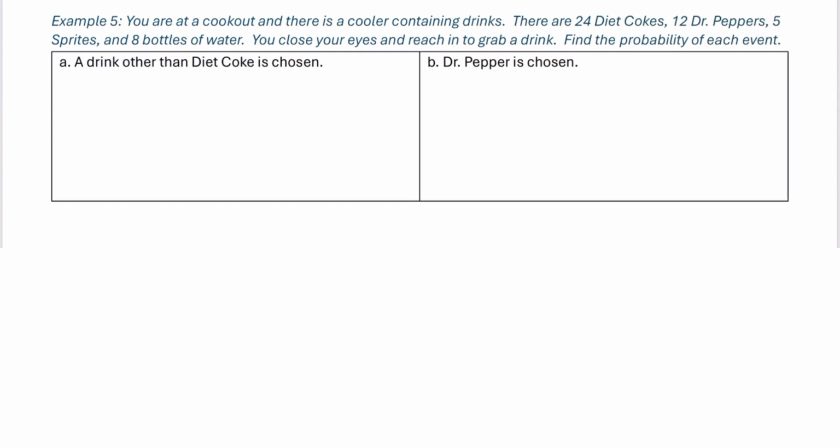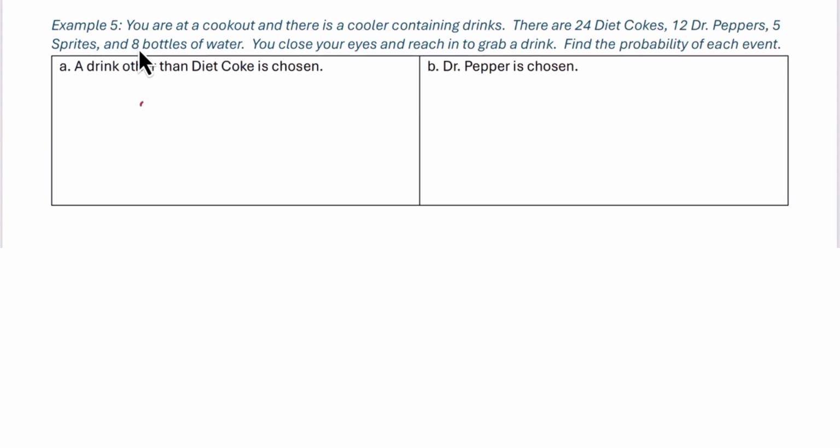Part A, you want to choose a drink other than Diet Coke. So the probability of getting a drink that is not Diet Coke. Let's count up the number of drinks that are not Diet Coke. 12 plus 5 is 17, plus 8 is 25. We have 25 that are not Diet Coke.